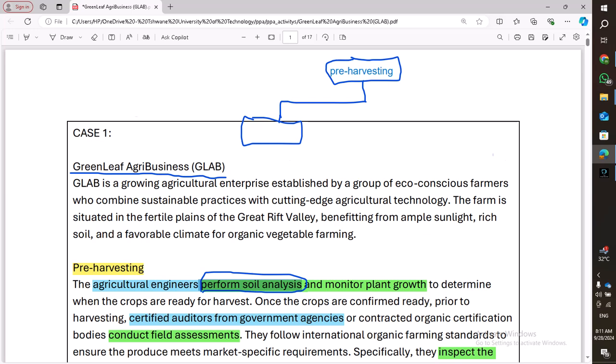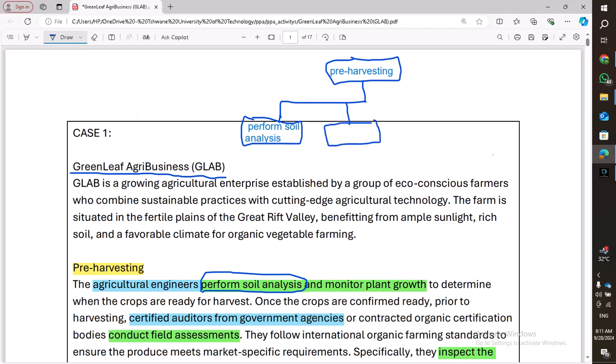Then we put here what they perform: they perform a soil analysis. What is the next thing they do, the second verb?